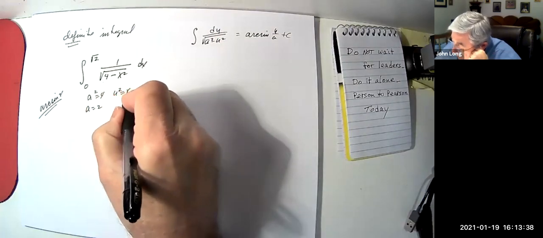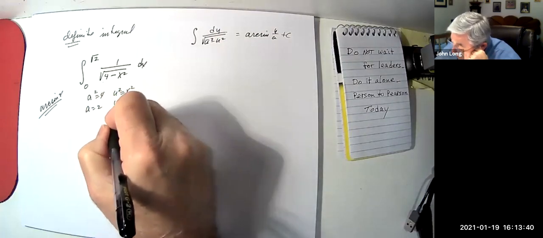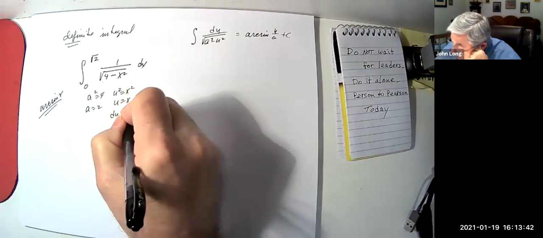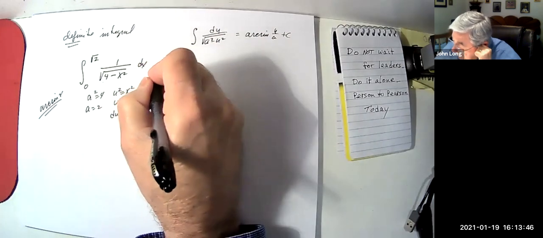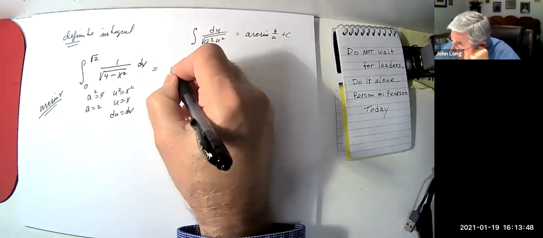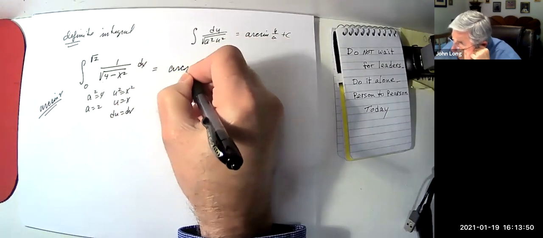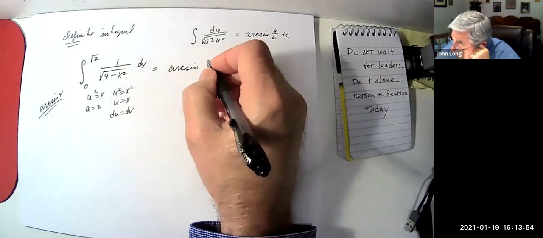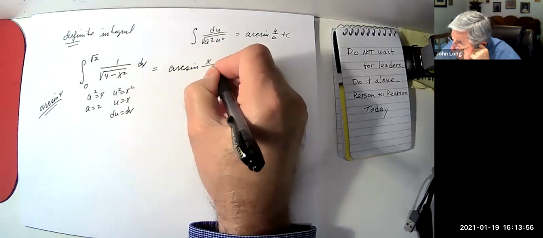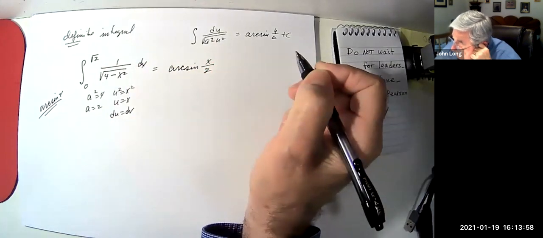And u squared is x squared. u is x. du is just the dx. So this is already pretty well fit in the form. And so this is just going to be arc sine of u, being x in this case, over a, which is 2.